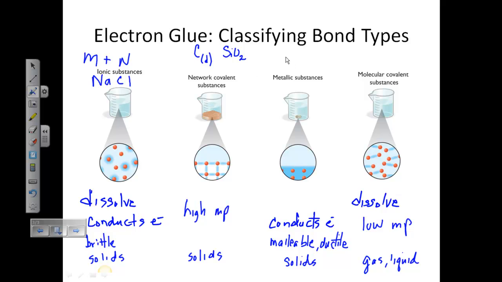Metallic substances, as you know, the metals are to the left of the staircase, so anything from the main group elements such as potassium to the transition metals such as iron. And then molecular covalent substances are nonmetals only. So you have the gaseous nonpolar molecules such as hydrogen and nitrogen, to more complex nonmetal structures such as carbon dioxide.